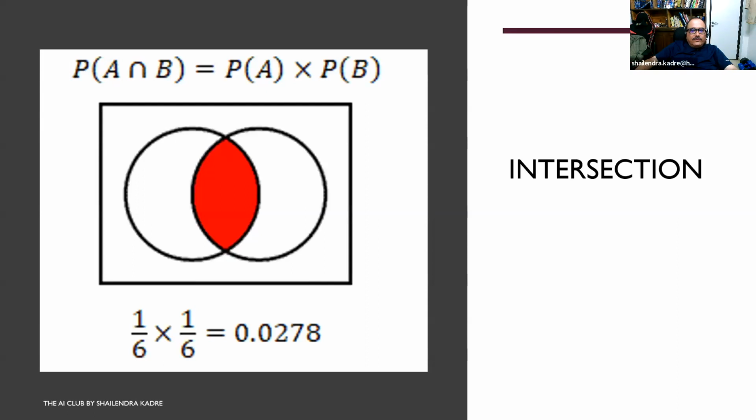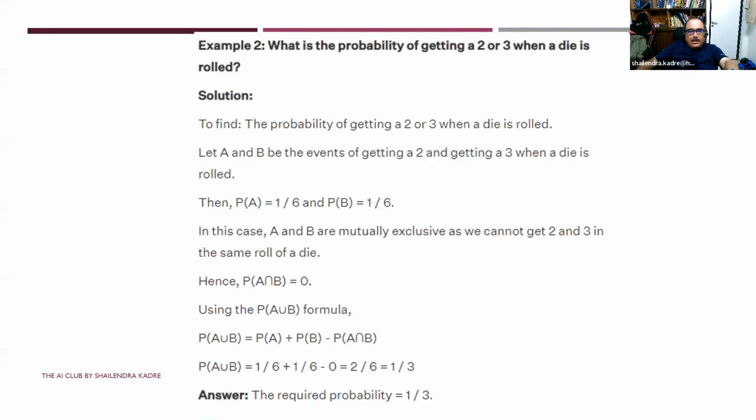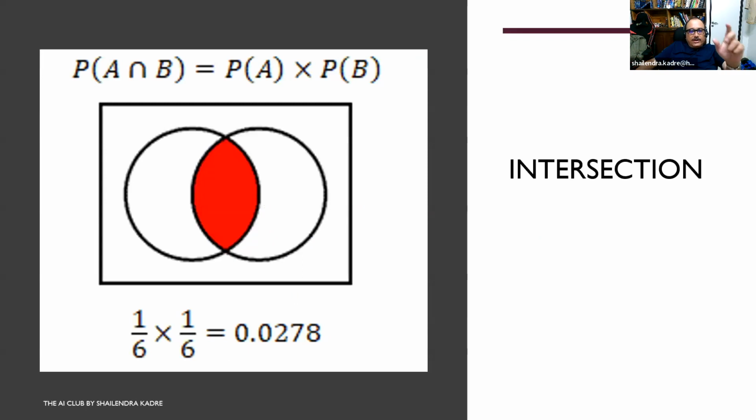And for union, P(A union B) is greater than P(A) and greater than P(B), because it is a sum of them. But with intersection, the overall probability will reduce, because P(A intersection B) is less than P(A) as well as less than P(B).